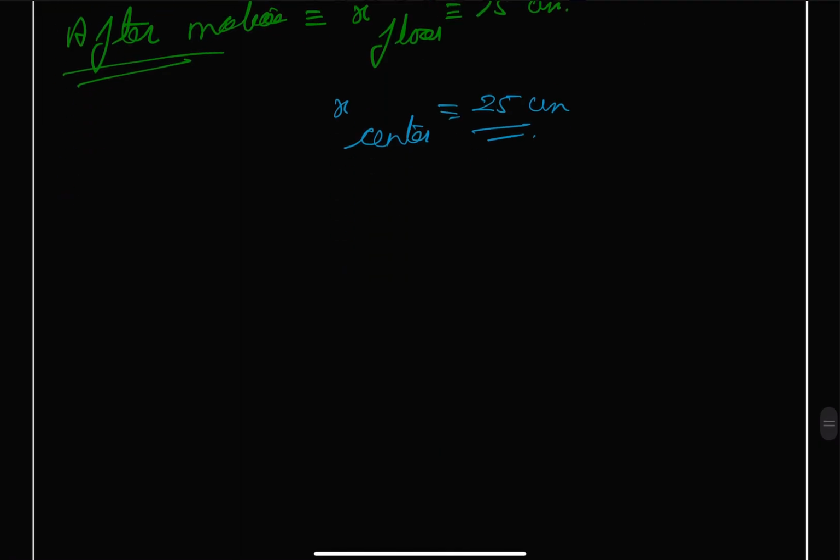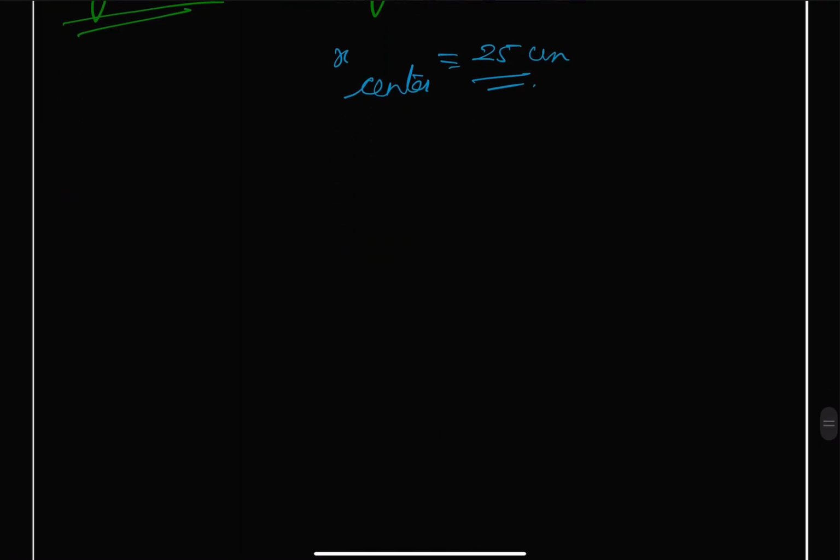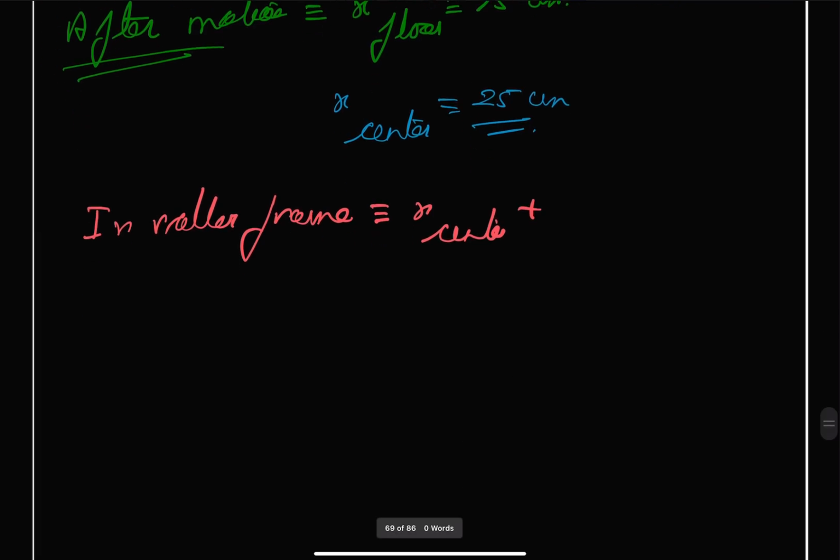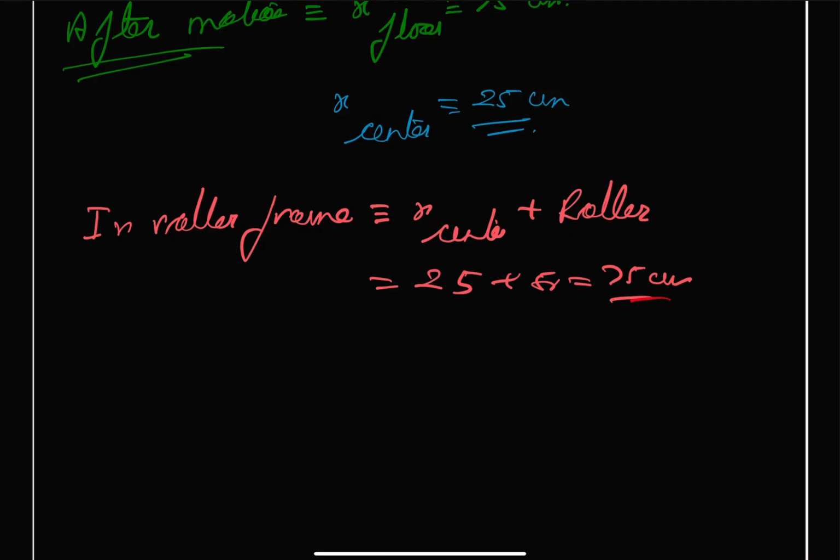Therefore, in the roller frame, we get x center plus x in roller, so 25 plus 50 is equal to 75 centimeters.